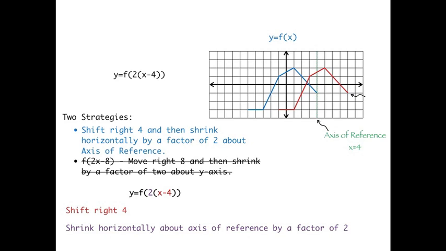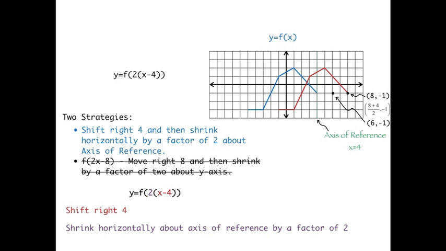If we have the point 8, negative 1, we need to find its midpoint between our axis of reference, x equals 4. We can do that very easily by adding the x terms of those points, dividing by 2, and our y component of our ordered pair will stay the same, which gets us to 6, negative 1.